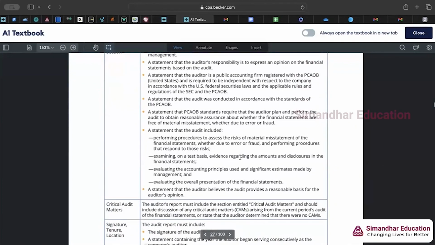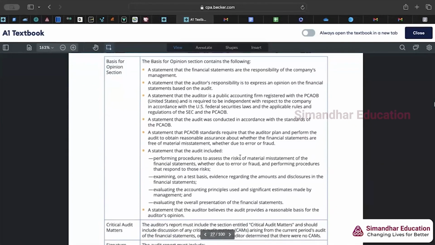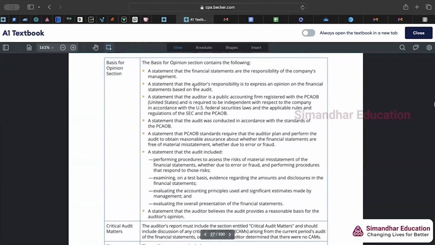Let's go through it and I'll show you how it works. A statement that the financial statements are the company's and management's responsibility, the auditor's responsibility, and the basis of opinion, all clubbed into one section. A statement that the auditor's responsibility is to express an opinion on the financial statements based on the audit.